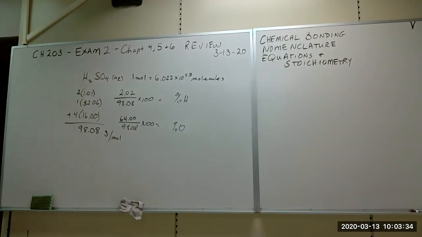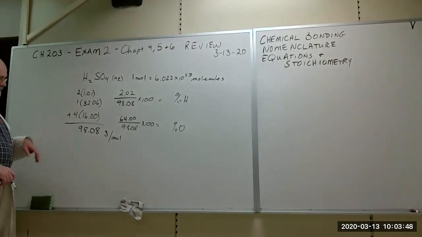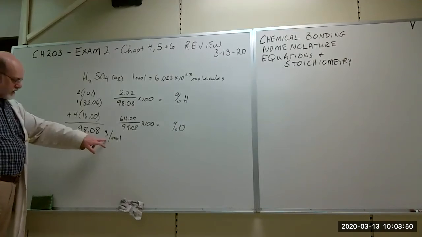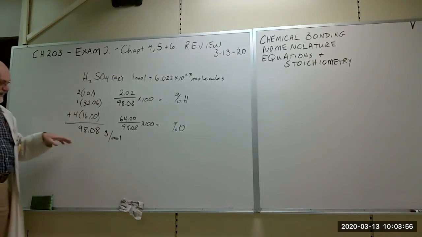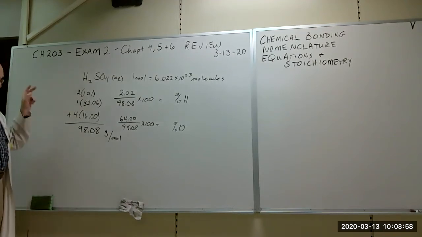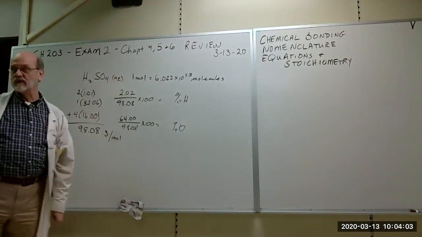Let's see. Moving on. Notice, whenever you have a ratio like that, you have a conversion factor. Right? Because what does this say? It says for that molecule, 98 grams of it is equal to 1 mole.